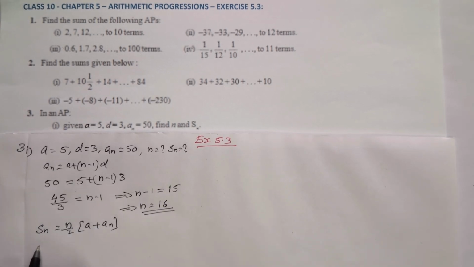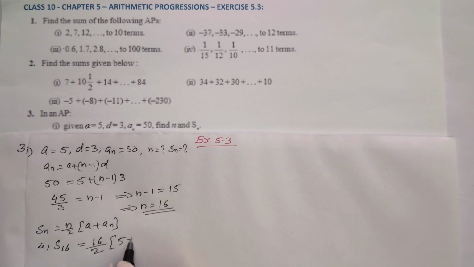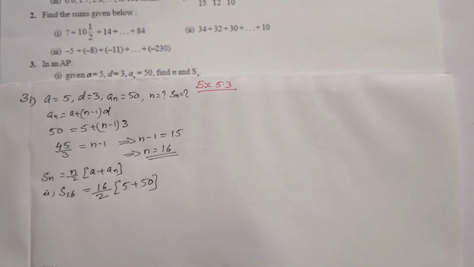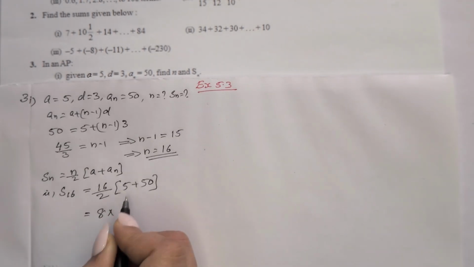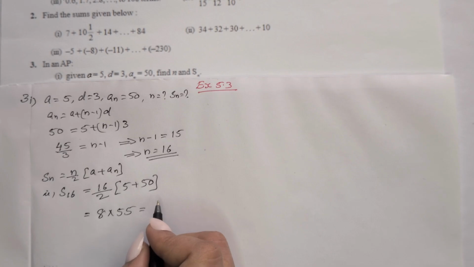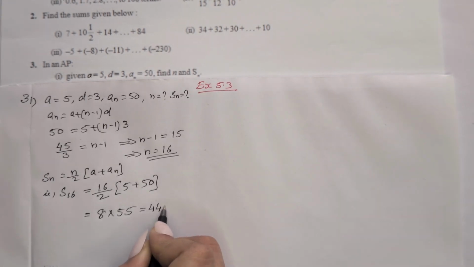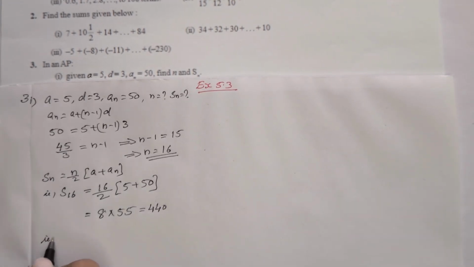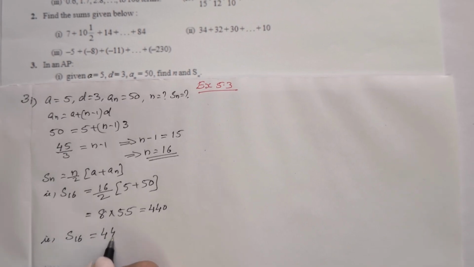Sn, that means S16 is equal to 16 by 2 into 5 plus 50, which is equal to 8 into 55. That means 440. So we can write S16 is equal to 440.